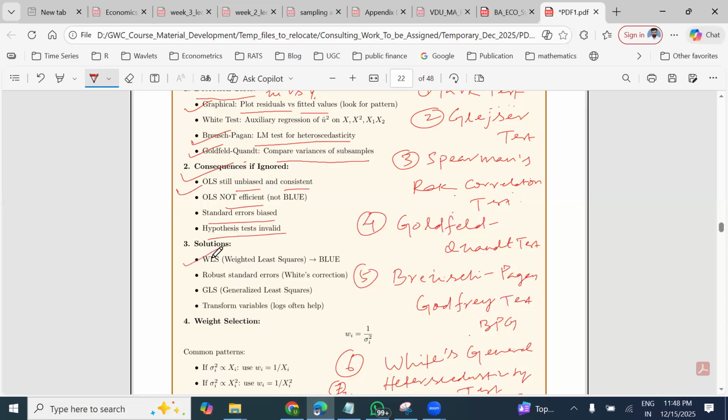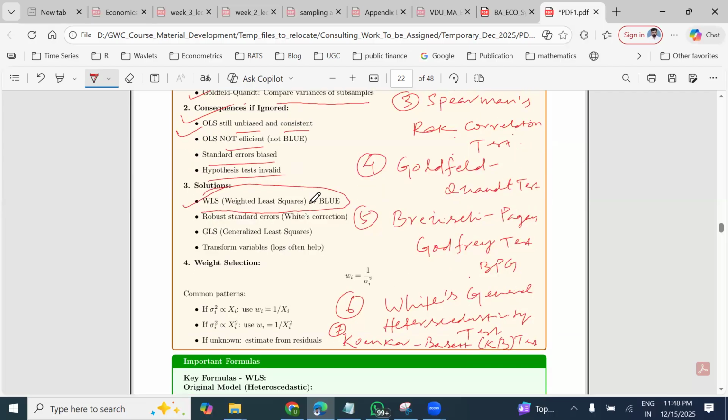Now, what is the solution? Weighted least squares method. If you ask how I will do weighted least squares, that is a million-dollar question. We need time. As far as your understanding of the concept, first you should know the name at least: the weighted least squares approach is needed when there is heteroscedasticity, and then your estimators will be BLUE.